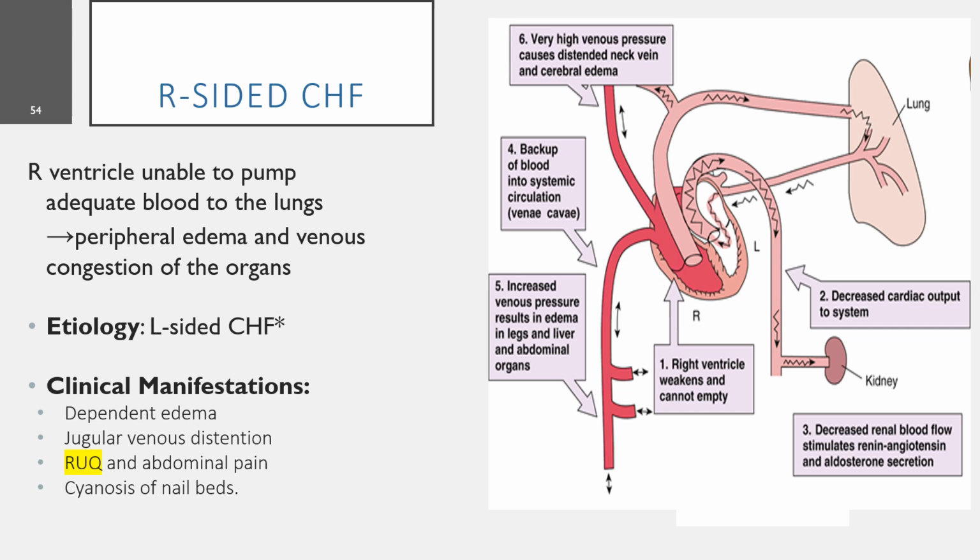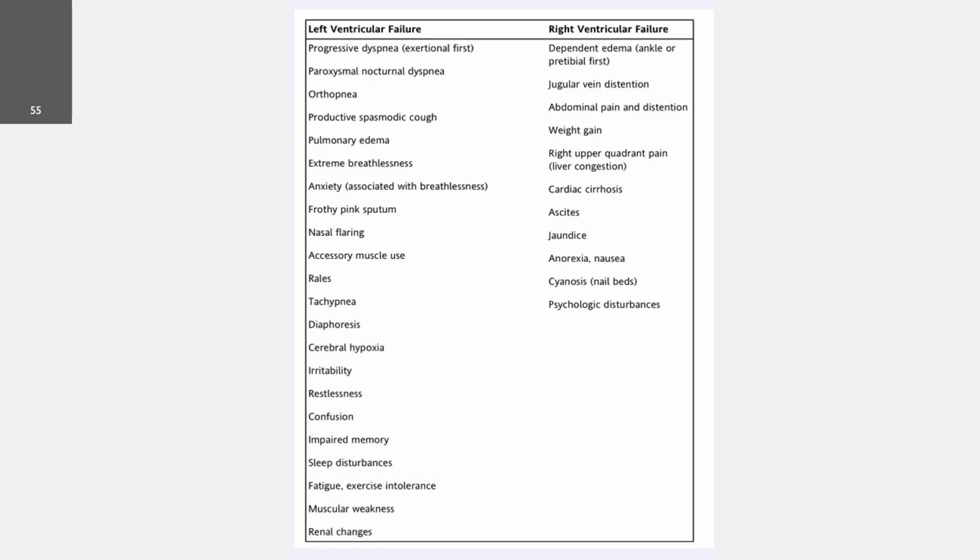Cyanosis of nail beds, which is a blue discoloration of the nails due to reduced oxygen levels in the blood or hypoxemia, indicating poor circulation to peripheral tissues due to impaired right ventricular function and inadequate pulmonary circulation. Here you can see the difference in left ventricular failure and right ventricular failure.